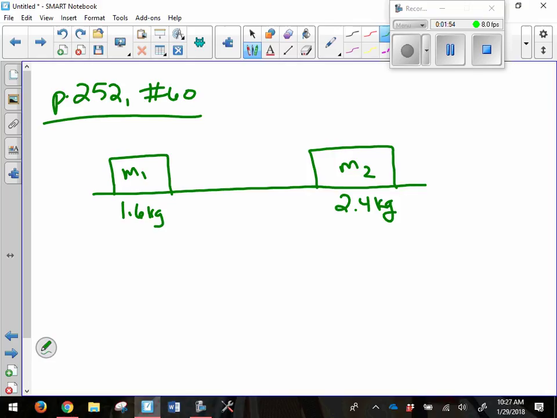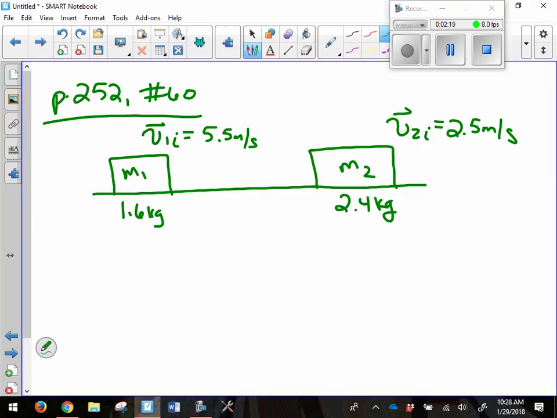So it should really look just like the picture. I'm just going to use the ones and I's that we've been using to solve the problem so far. And then V1I is going to be 5.5 meters per second, and V2I is going to be 2.5 meters per second.